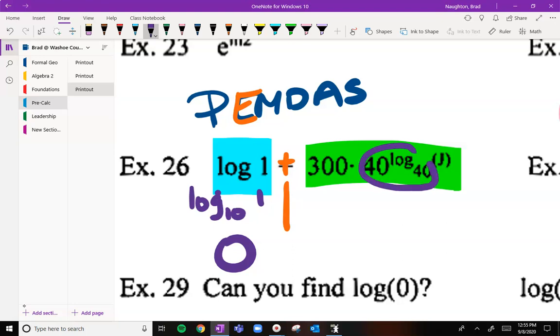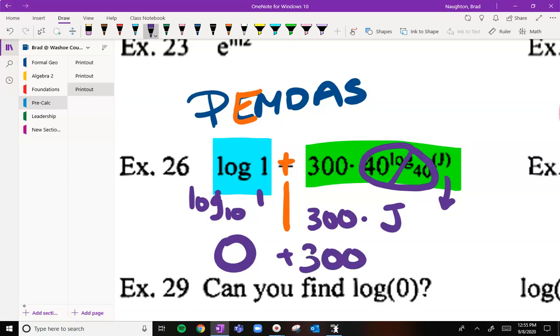I have a common base right here with log base 40, so the j is going to fall down. But I got a 300 in front of that. So 300 times j is going to be 300j. So 0 plus 300j is just going to be 300j. So exponents, do your log stuff first if you have any pluses or subtraction signs.